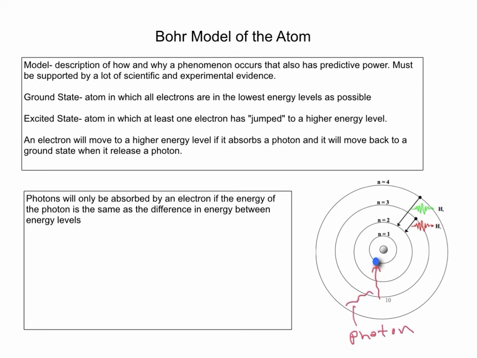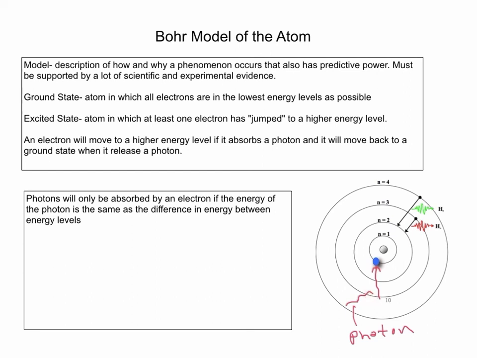So if I have a photon that has too much energy, more energy than the difference between these two energy levels, the photon will just go through and not interact with the electron. If the photon has too little energy, it's also just going to go through and not interact with the electron. If the photon happens to have an energy equal to the difference between, let's say, energy level 1 and energy level 3, then the electron could jump all the way to level 3.